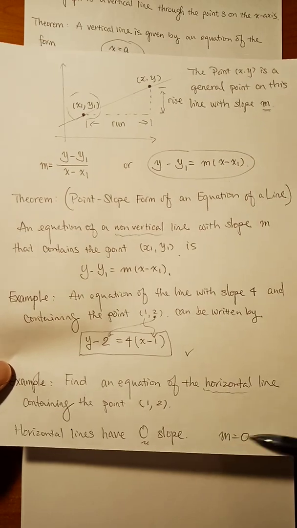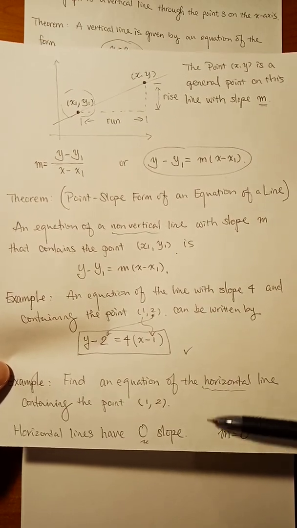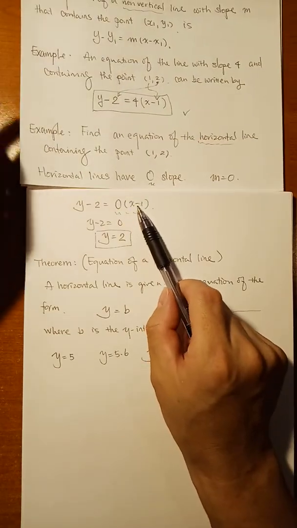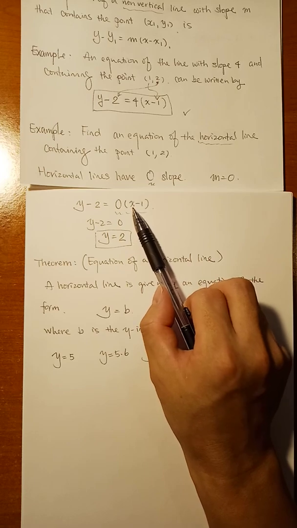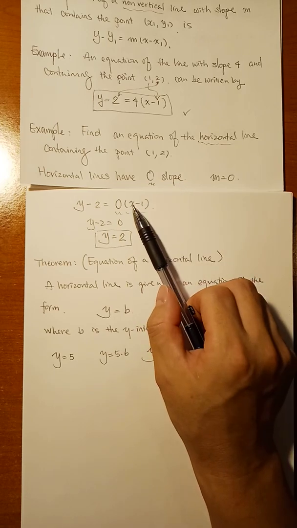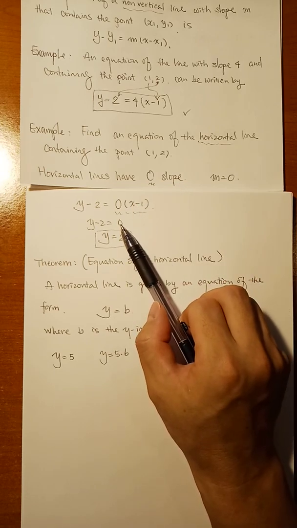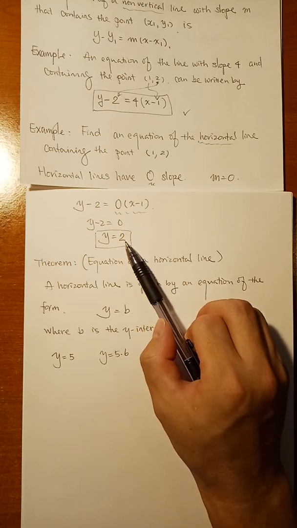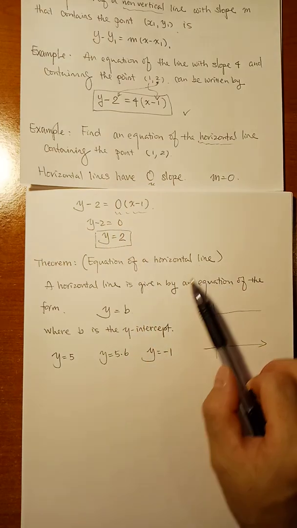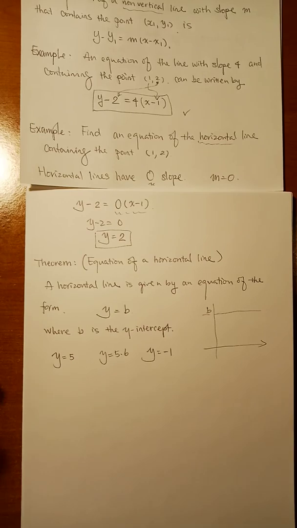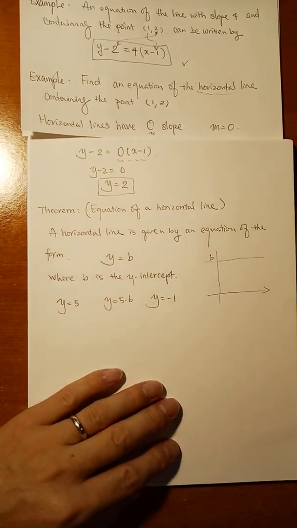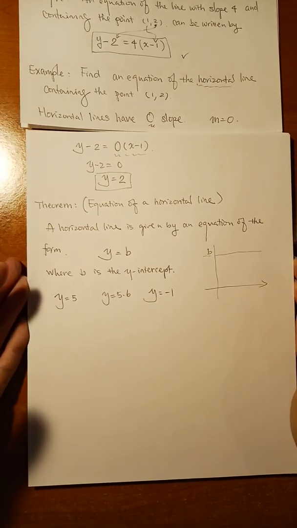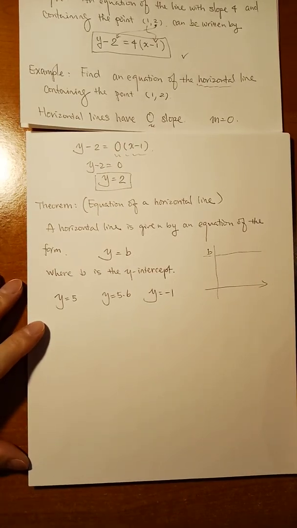Whenever you see a horizontal line, slope is 0. 0 times x part disappears, so there's no x, and the right side is always 0. So y equal to a number. So the equation of a horizontal line is just y equal to some number. Okay? Good. Very good. So far that's all we know.